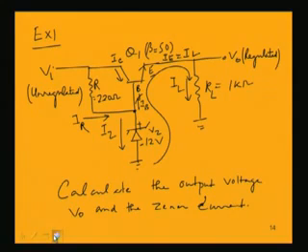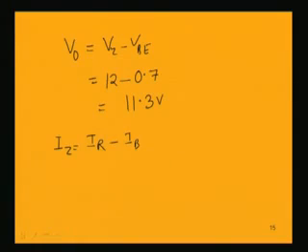We can also see that IB into beta plus 1 equals IE, even without assuming IC is approximately IE. By equating IC and IE, we see that beta plus 1 into IB is equal to IE.